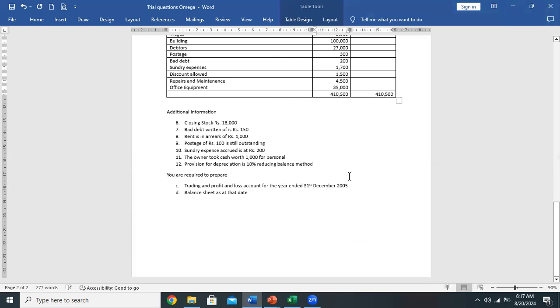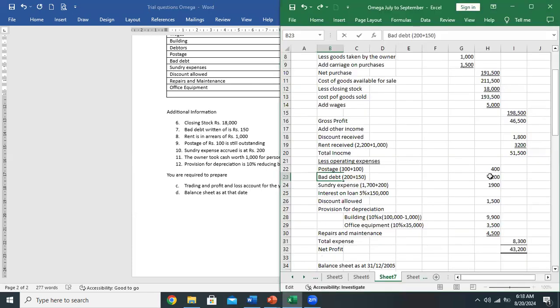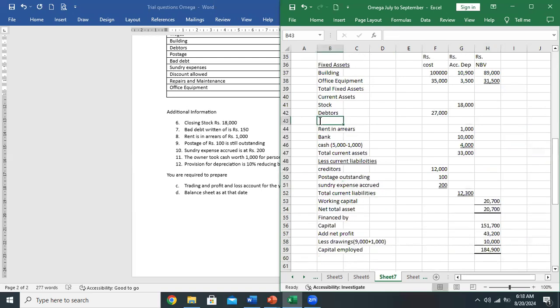So it will be 200 plus 150, and that'll give you 350. But when you go to the balance sheet, you only less the amount in the additional information, 150. That's the point I'm making.